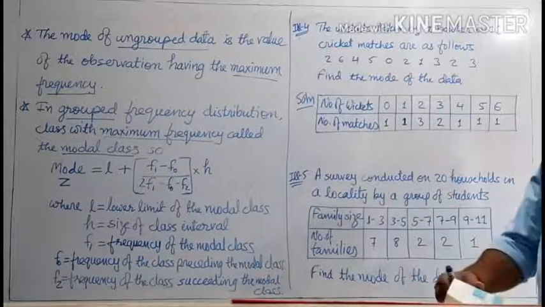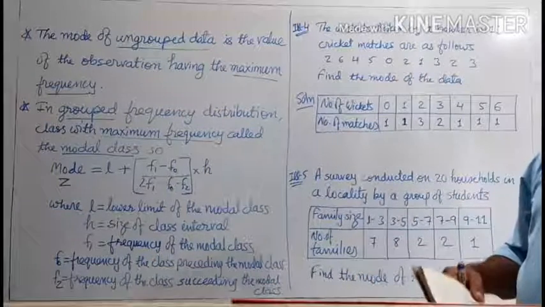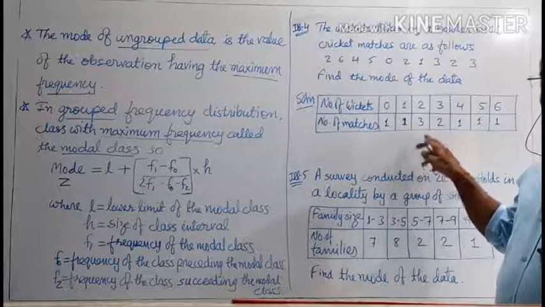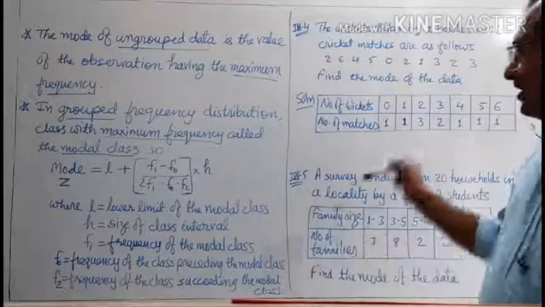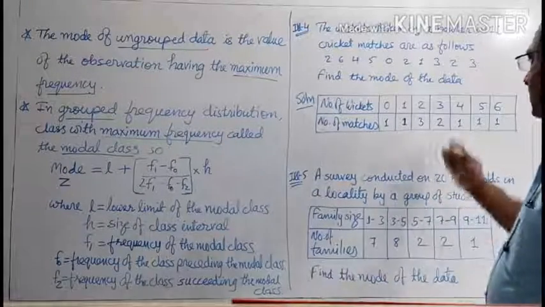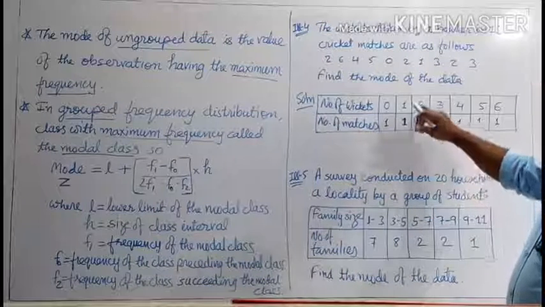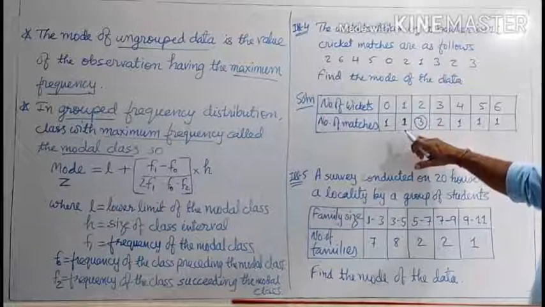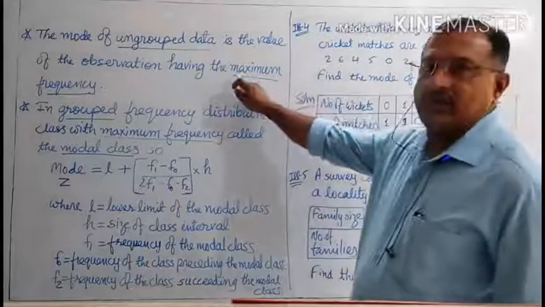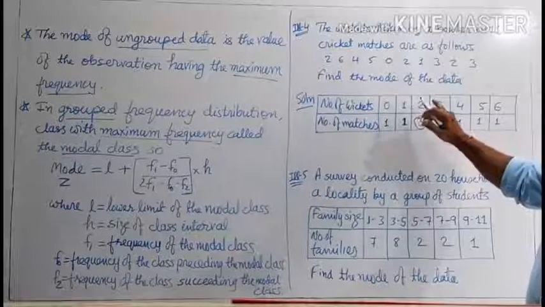From this we come to know the maximum number of matches is 3, that is the highest frequency. Therefore the mode of the data is the observation having the highest frequency. Is it clear? So that is 2. The mode of the data is 2.